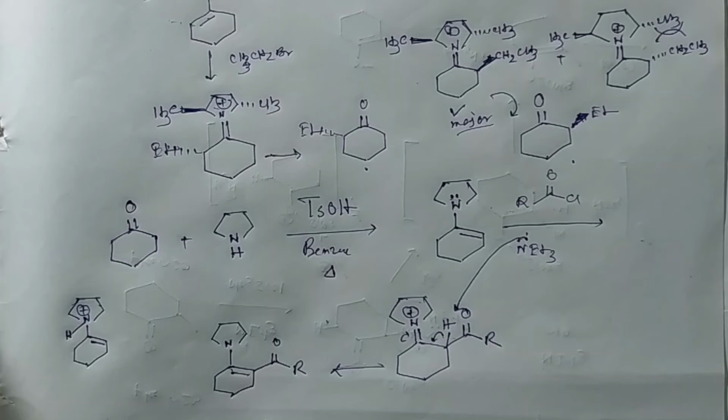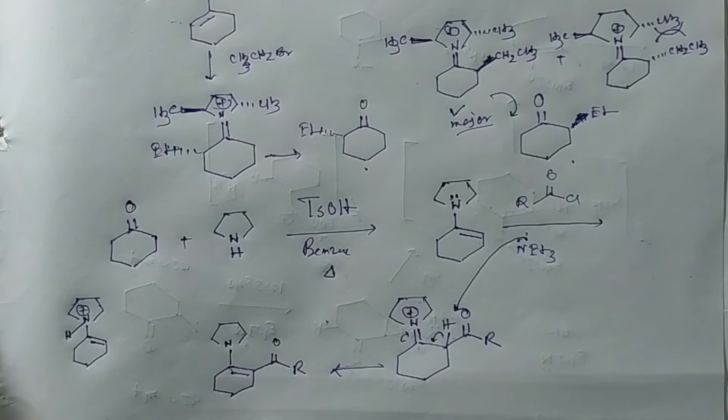So if the external base, which is more basic than this enamine nitrogen, the triethylamine, is not used, the enamine nitrogen will capture the proton. That will consume excess enamine, and the enamine will lose its reactivity after the acylation.